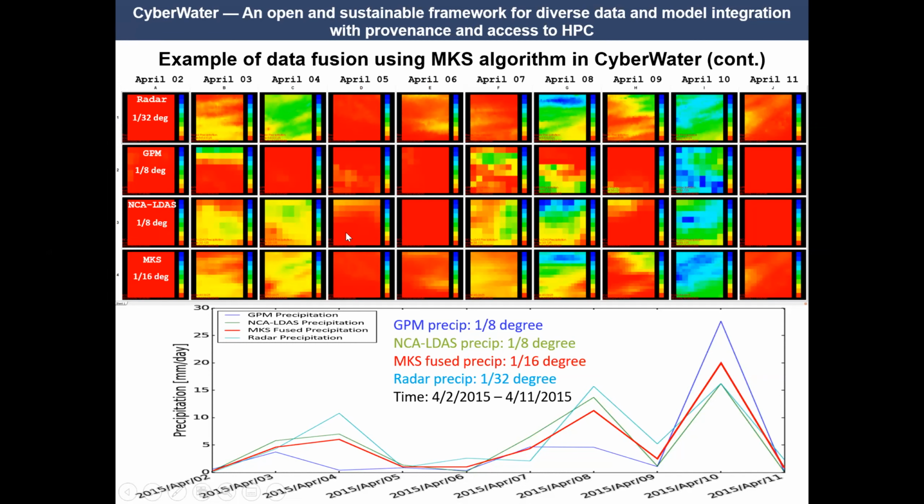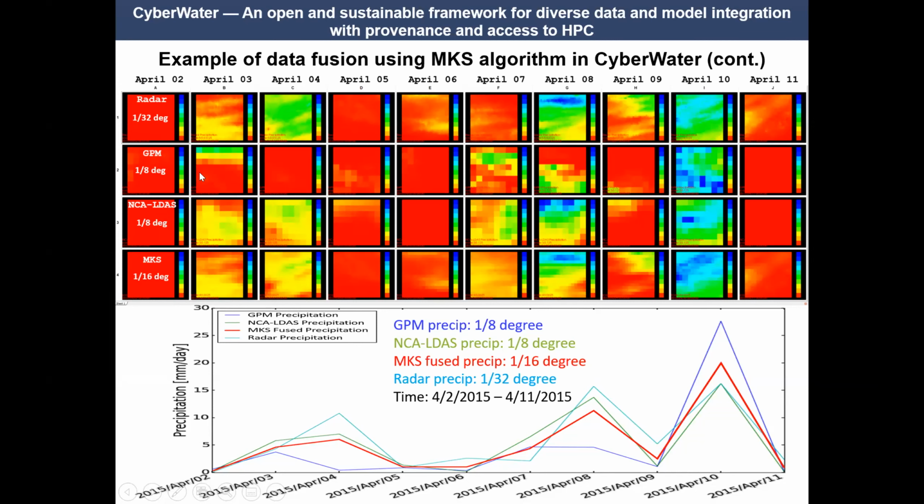The third row shows the precipitation data product from NCA LDAS. It is also displayed at 1/8 degree resolution. And the last row shown up here is the fused precipitation data based on the 3 different data products here. And it is displayed at 1/16 degree resolution.